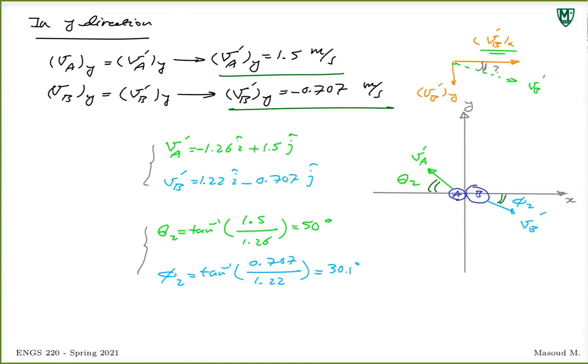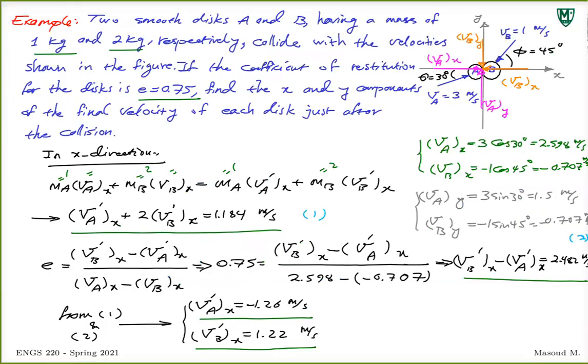If you pay attention to the way the problem is phrased, it says find the velocity of each disk just after the collision. If you wait longer, the velocities are going to change depending on friction, or if one of these is going upward, there is gravity. We're just talking about immediately after and immediately before the impact.